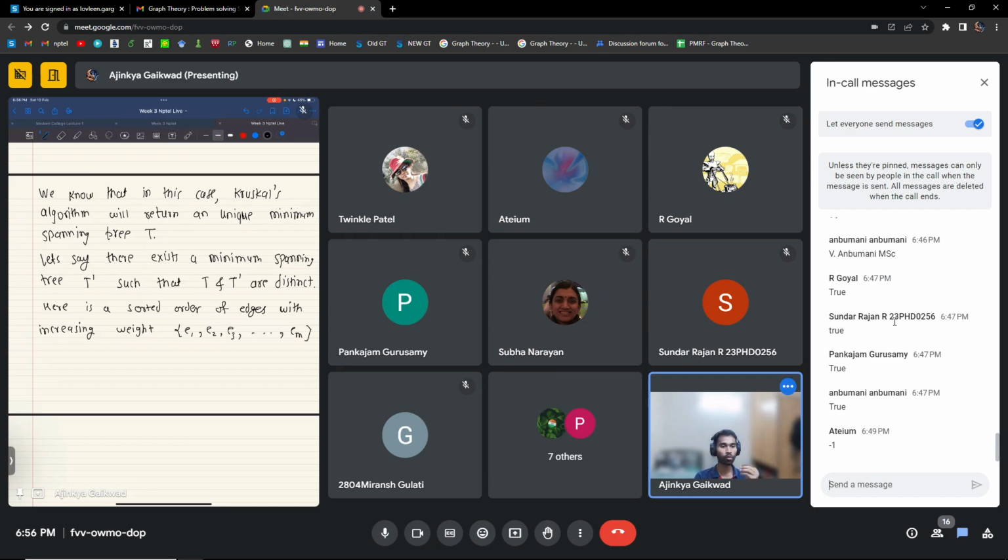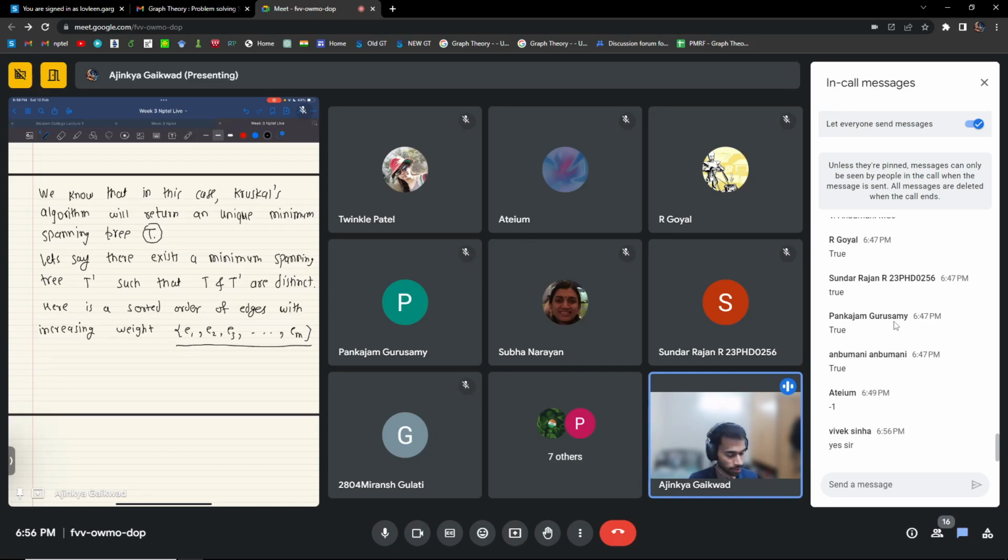Now, is it true that E1 will always be inside T? My question is, if this is the sequence in increasing order of weight, and T is the minimum spanning tree returned by Kruskal's algorithm, is it true that E1 will always be there?